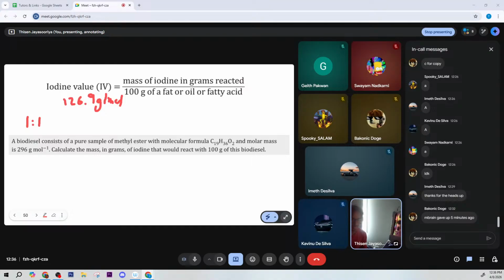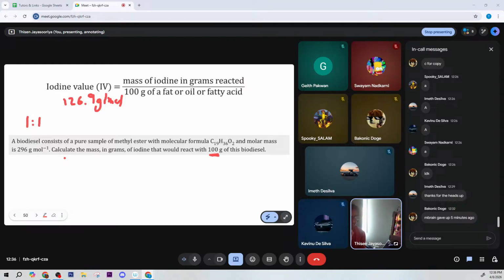So now what we're going to do here is we know the molar ratio, we know the molar mass of iodine. We're going to assume we have 100 grams of this biodiesel. Remember, the biodiesel is formed from oleic acid.